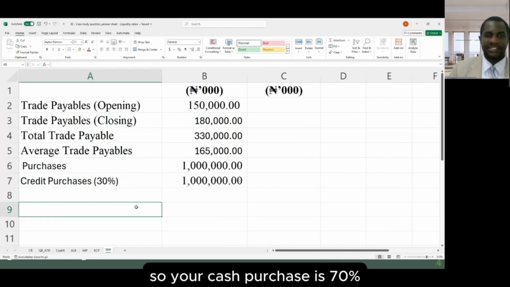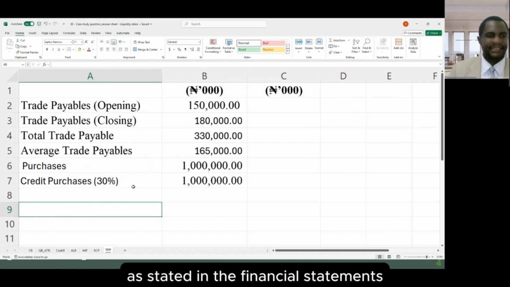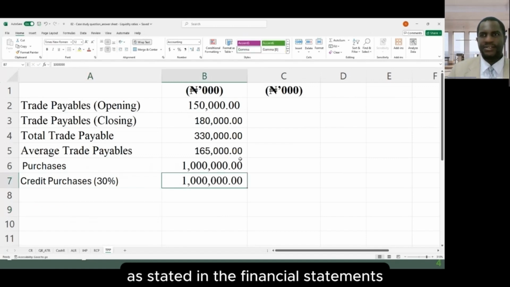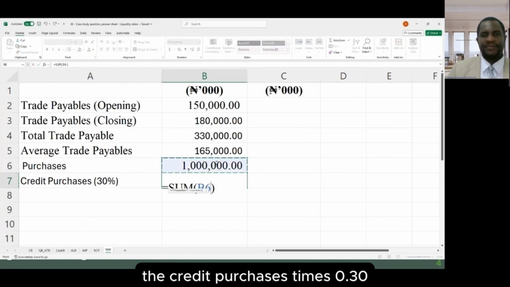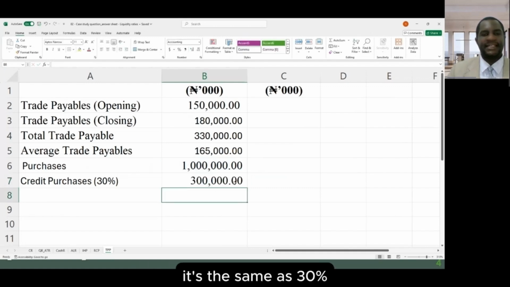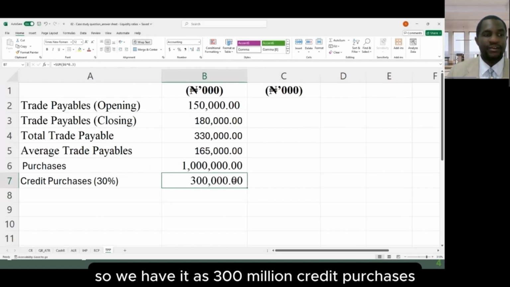So your cash purchases is 70% as stated in the financial statements. So we'll have this as the credit purchases times 0.30. It's the same as 30%. So we have it as 300 million credit purchases.